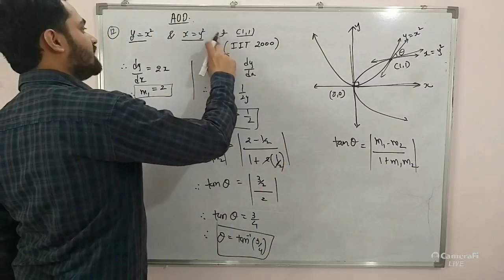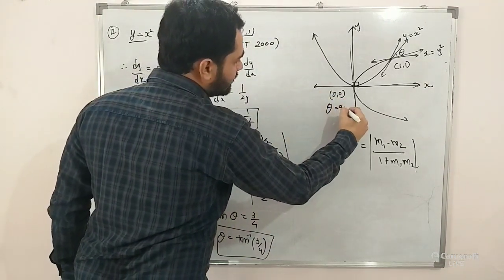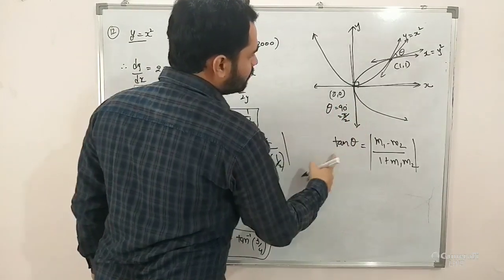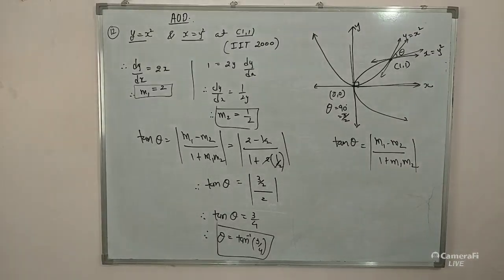It means if they are asking at (0, 0), then at (0, 0) the angle is 90 degrees, or you can say π/2, but at (1, 1) the angle is tan⁻¹(3/4), right?